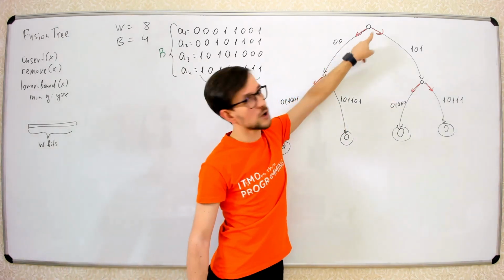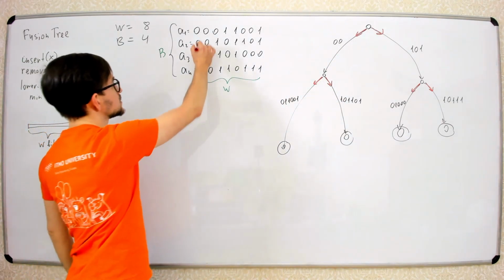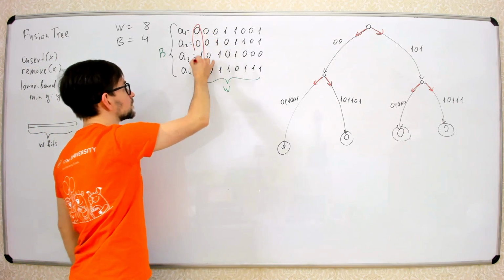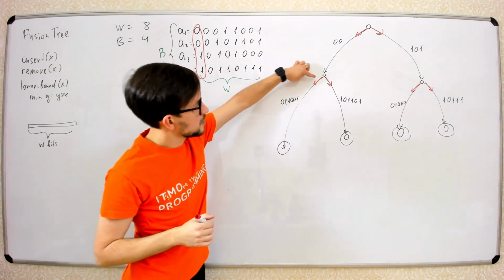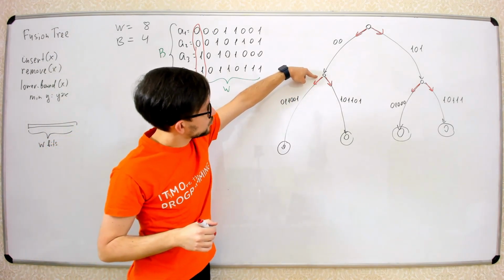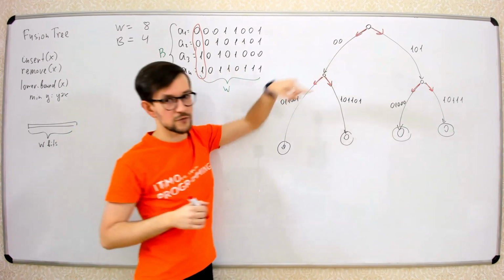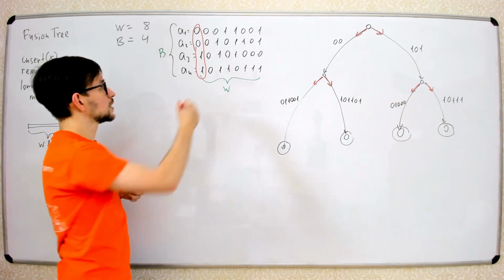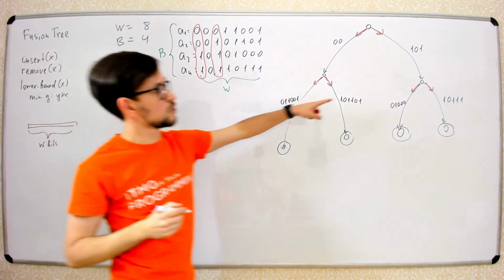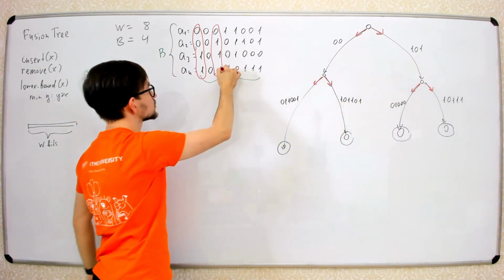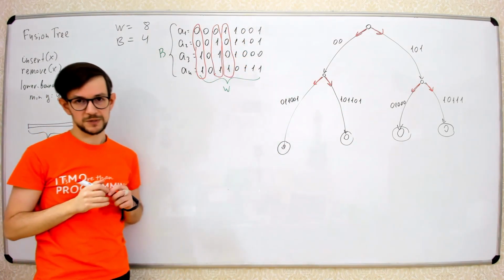When you're standing here, you look at the first bit of the integer, so the first bit is interesting. Here at this point, you already know you have 0, 0, and you look at the third bit, so the third bit is also interesting. And here you look at the fourth bit, which is also interesting. So these 3 bits are the interesting bits.